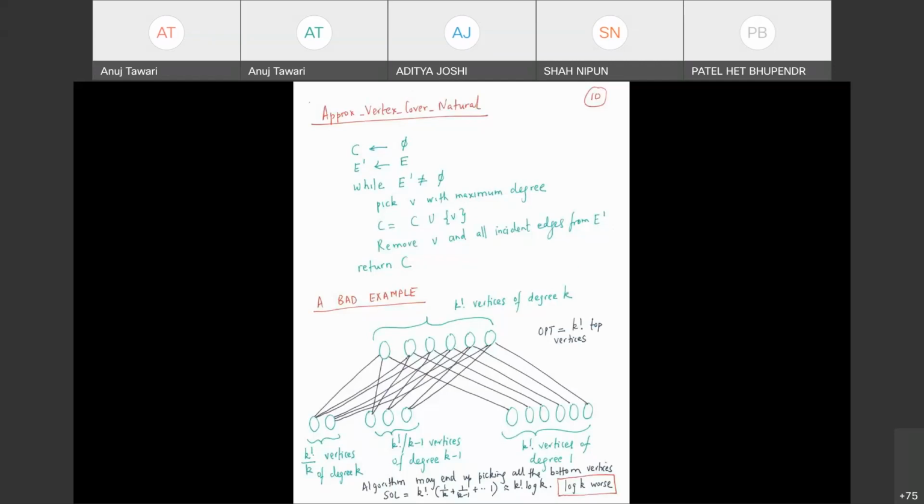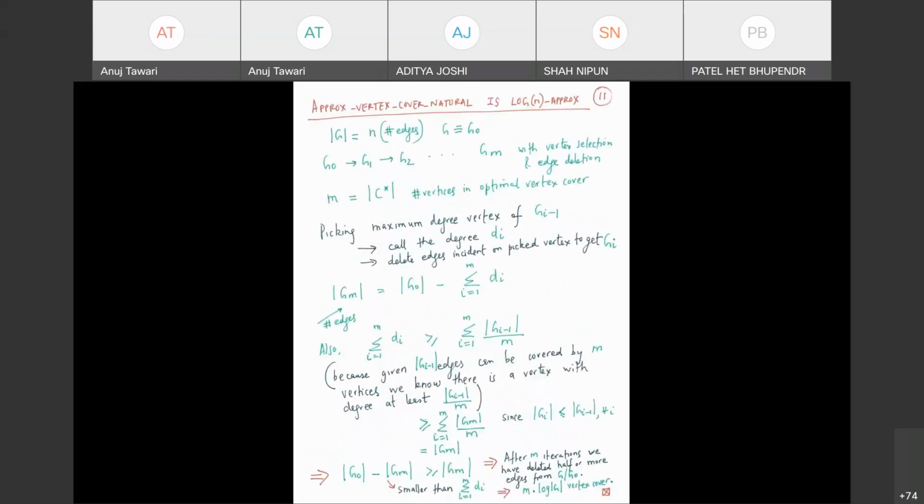How should we proceed to prove this approximation factor? So initially we have to cover all the edges.